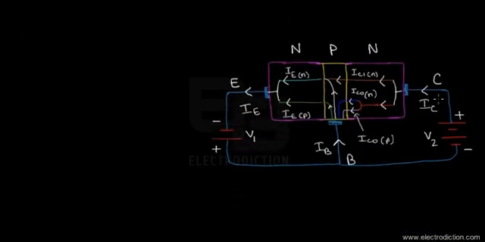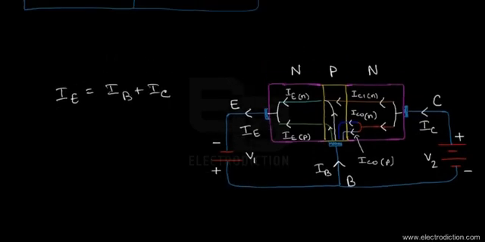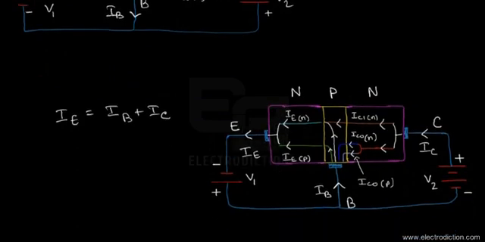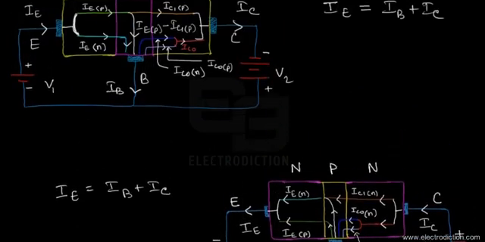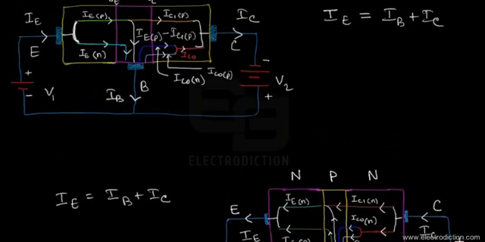Similarly, in the case of the NPN type transistor, the collector and the base currents enter together to give rise to the emitter current, which comes out of the emitter terminal. So we have this similarity between both the PNP and the NPN type transistors, but the only difference between the two is that the current components have a different direction altogether. It's just the opposite in both types.